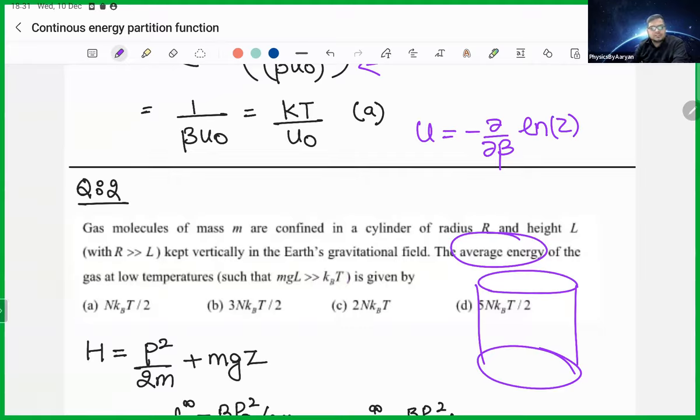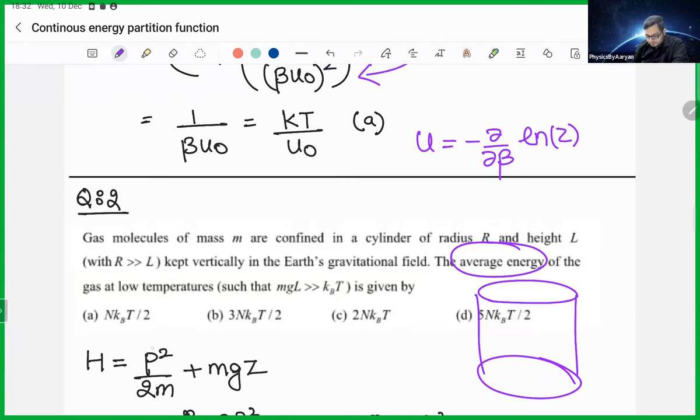So you tell me the average energy. In order to find it, first you need the Hamiltonian. The Hamiltonian will be potential energy plus kinetic energy. Kinetic energy is P square by 2m, and here we have mgz. Now the first question: this P square by 2m, is it one dimensional, two dimensional or three dimensional?